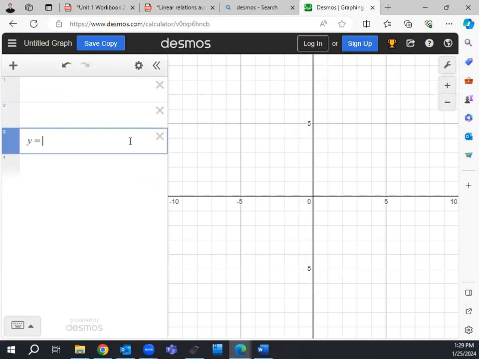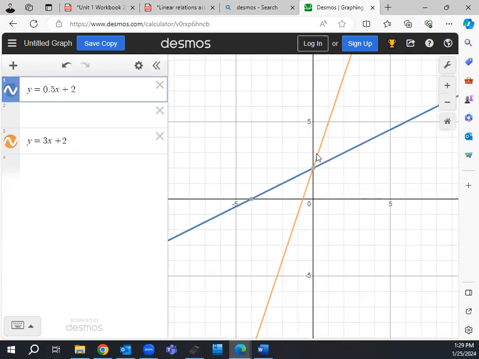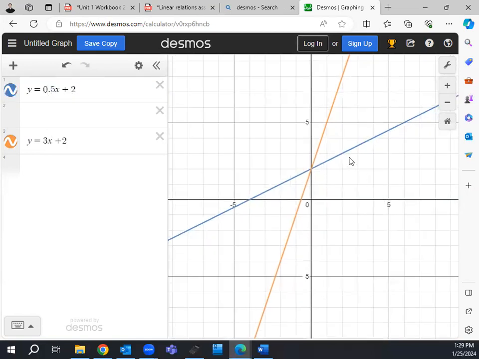For example, if I give you y equals 3x plus 2, the yellow one there, but I also give you y equals 0.5x plus 2, what's the difference here? I've only changed the slope. But what happens when I make the slope smaller? Well, it has a lower slant, right? So you're playing around with it and making observations like that.